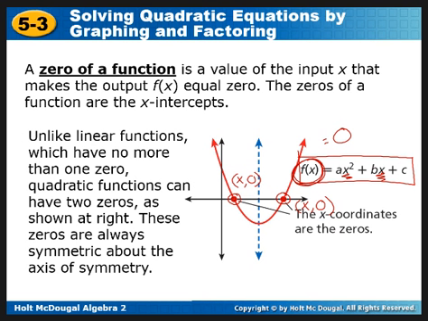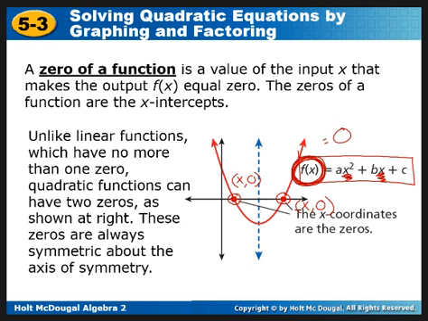So if my y is supposed to be 0 at both of those points, essentially I'm going to put 0 in this spot right here and work backwards, and we're going to use some factoring to figure out what those x's would have to be in order for that function to give me an output value of 0.